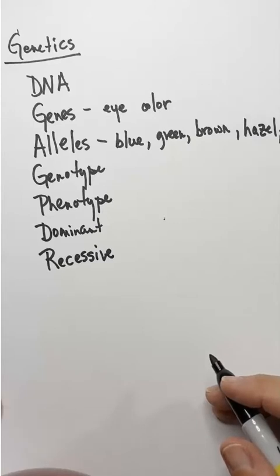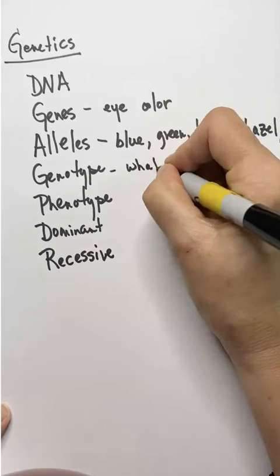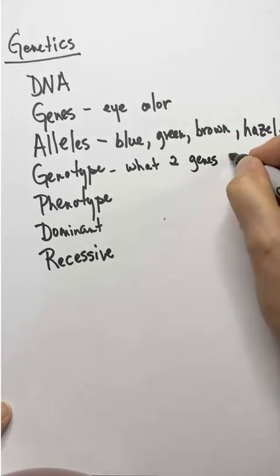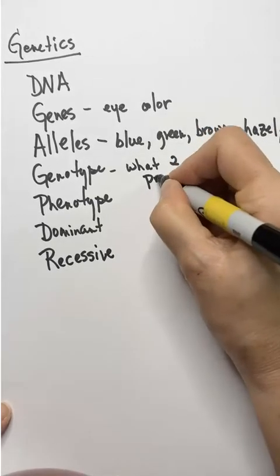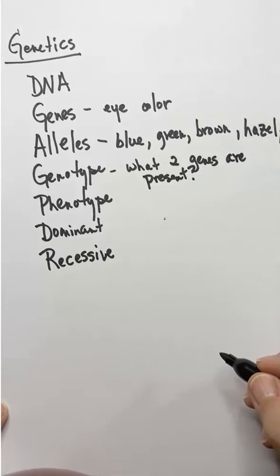The types of genes and the types of alleles that you have present are called your genotype. So this means what two genes are present in you. This is a nice question to ask, but it is a little bit hard to see because you can't see which genes you have.